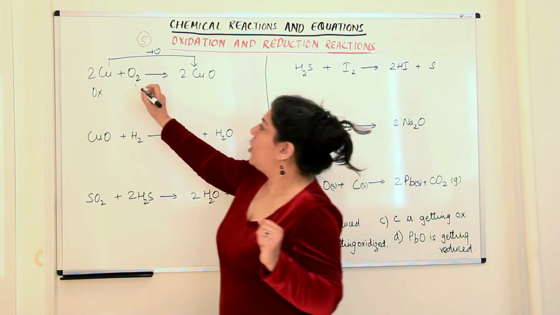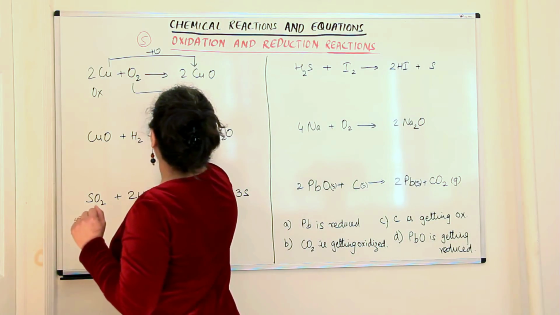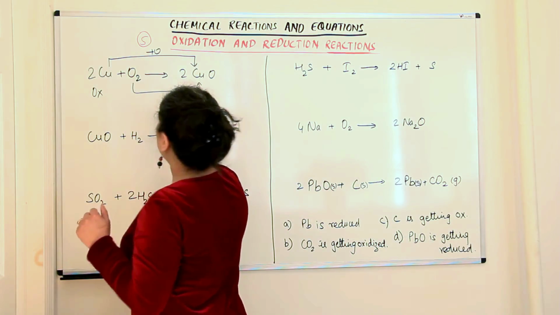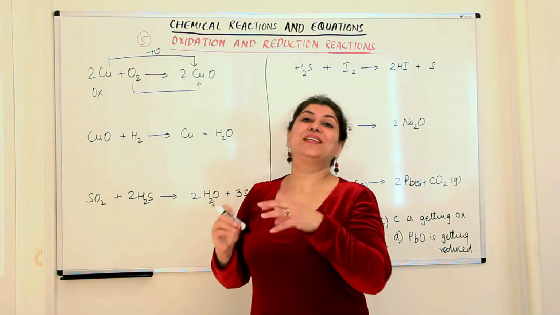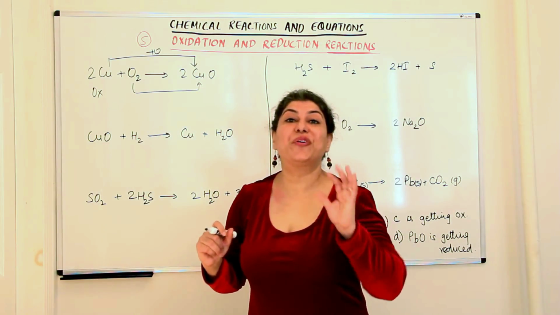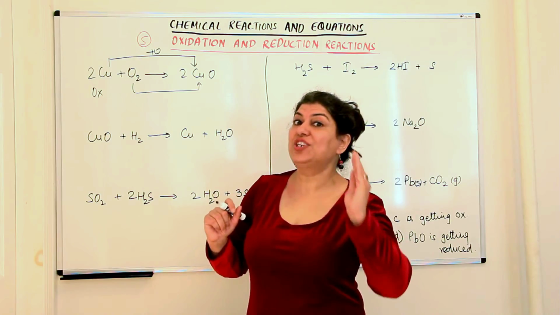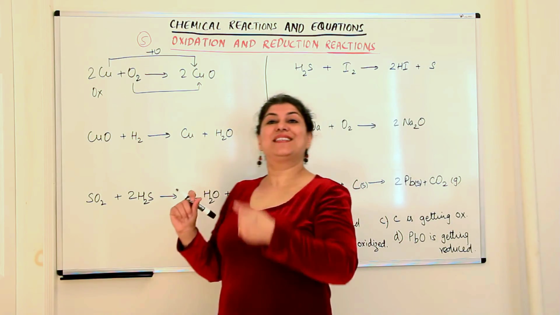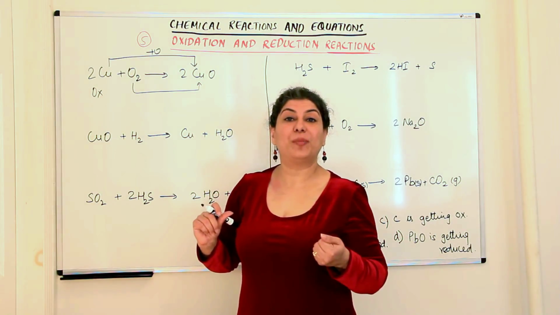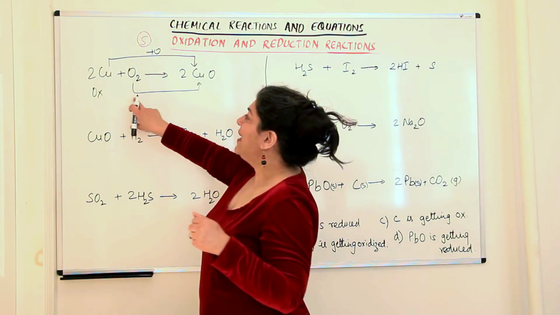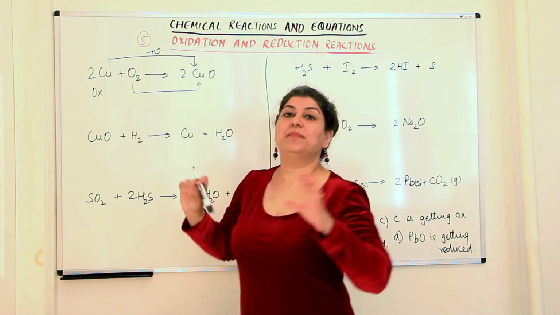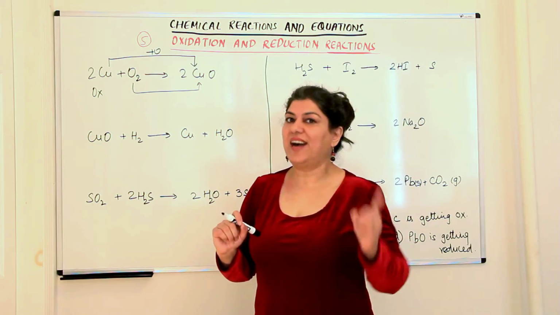But in this case, oxygen is turning into copper oxide. So we have to use oxygen itself as the substance getting oxidized or reduced. So it means, what definition do we use now? We go to the next definition, that is of metals and non-metals. I told you that metals are positive, just like hydrogen.